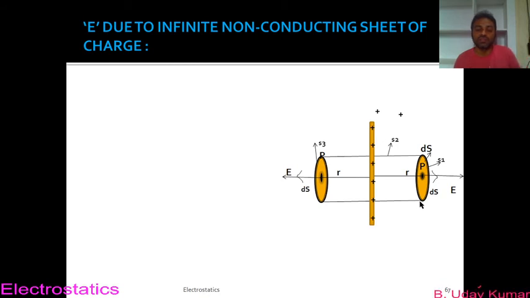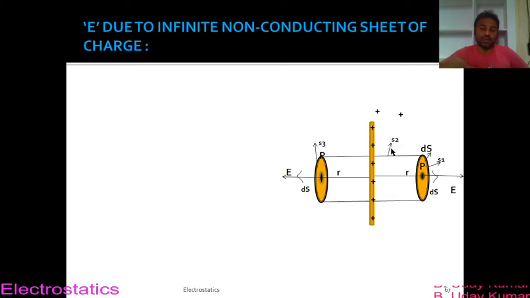Okay, this is the diagram that we got for this sheet of charge, and as I already told you, this cylinder has three surfaces now. One is S1. S1 is the circular surface present on the right side, and S2 is the curved surface of the cylinder.